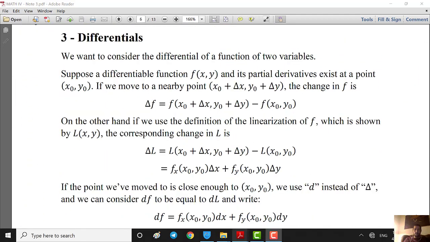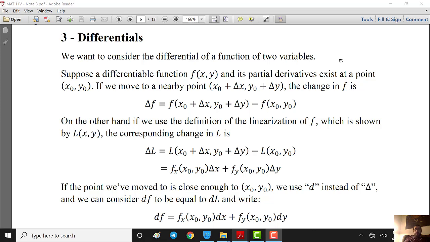Now, the next subject that we're going to cover is the subject of total differentials. If we want to consider the differential of a function of two variables, let us go through this process. Suppose a differentiable function f of x and y and its partial derivatives exist at the point (x0, y0).